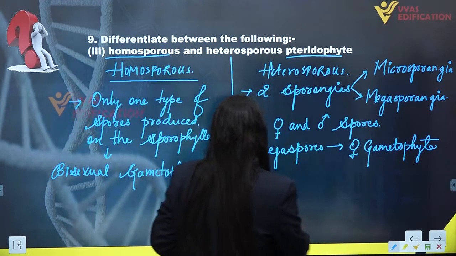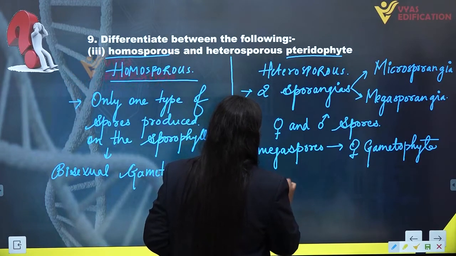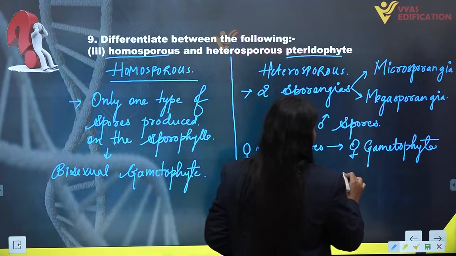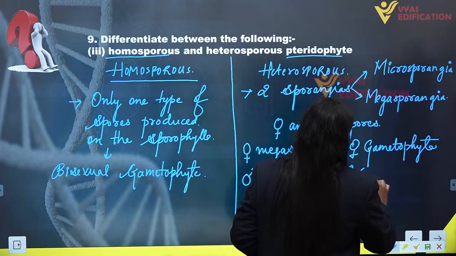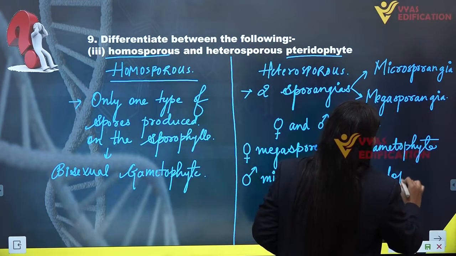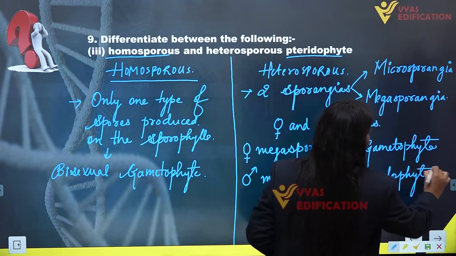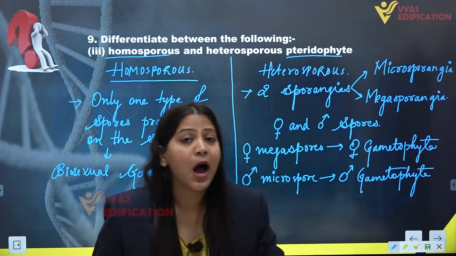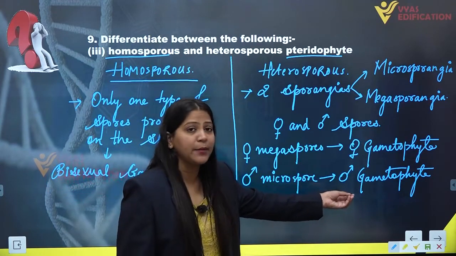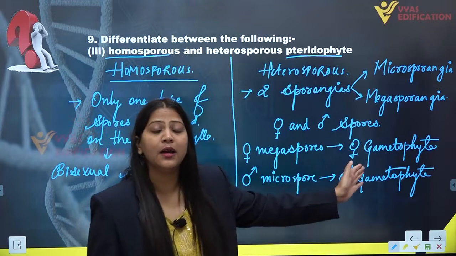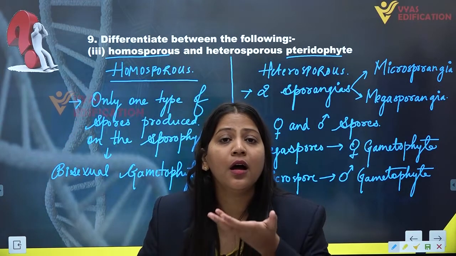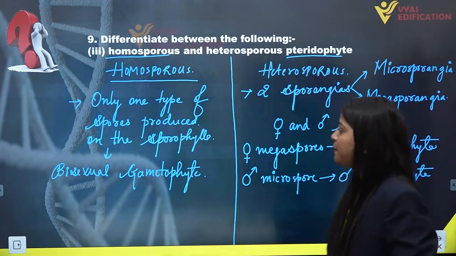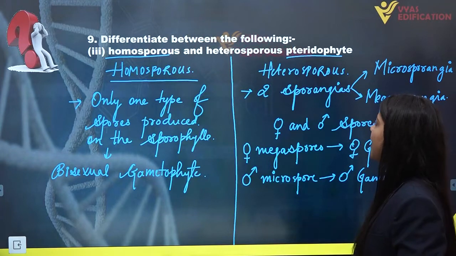The male microspore produces the male gametophyte, which is going to develop antheridium on it, and inside antheridium the male gametes are formed. After the formation of gametes, the male gamete transfers to the female gametophyte, inside which the archegonium is present containing the egg cell, and it will fertilize the egg cell. So this is the difference between homosporous and heterosporous.